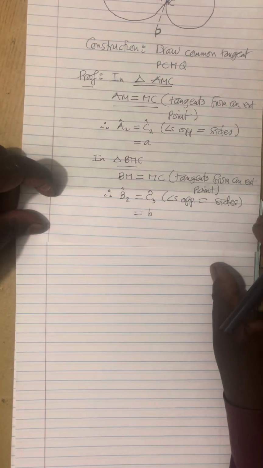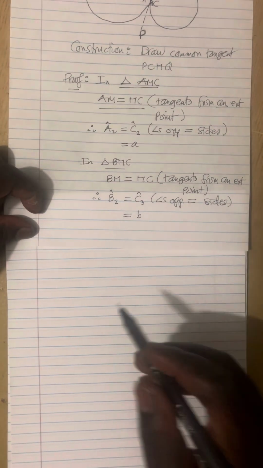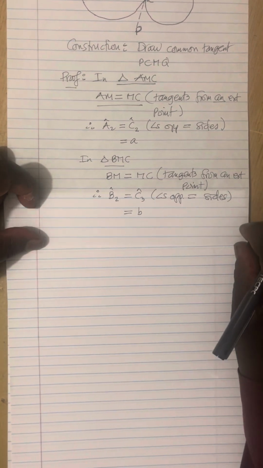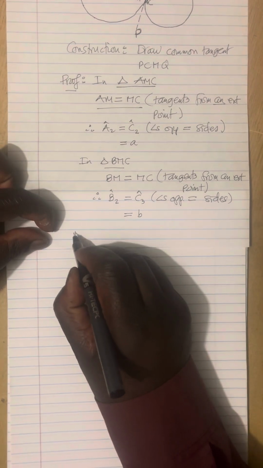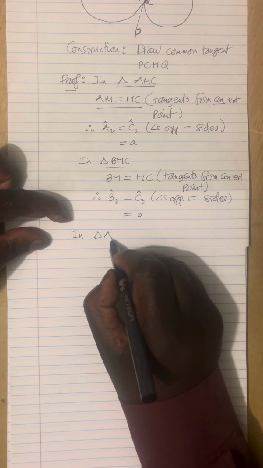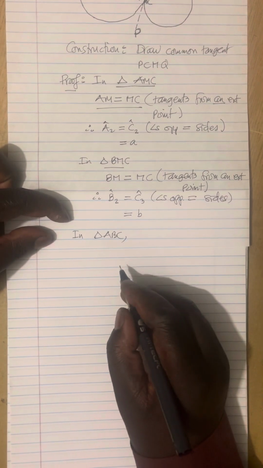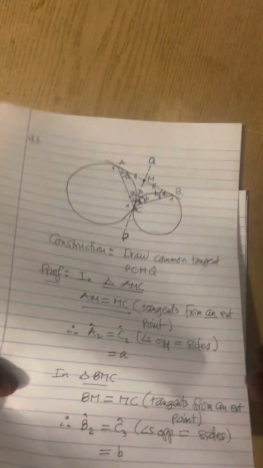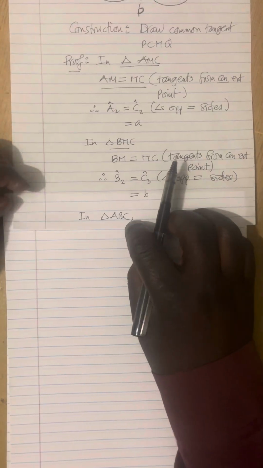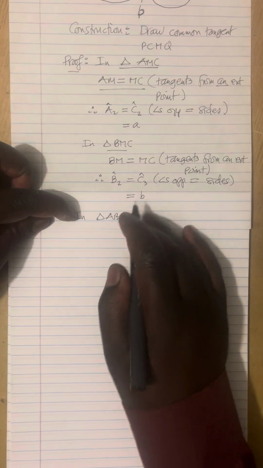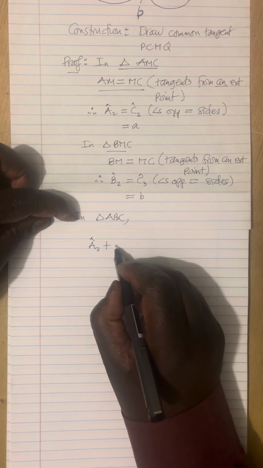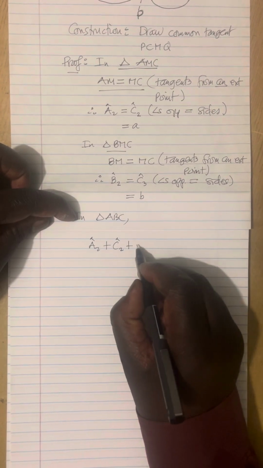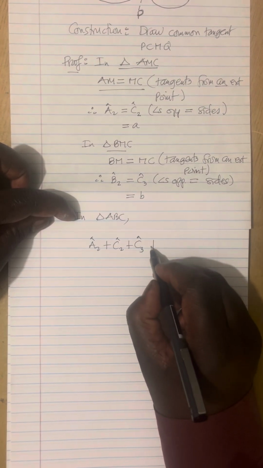So now we're saying in triangle ABC, we're adding up all those angles, and we're saying that we have A2 plus C2 plus C3 plus B2.